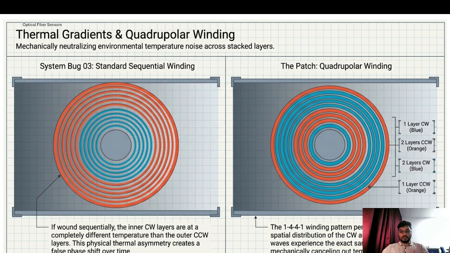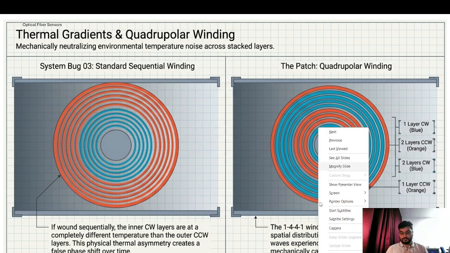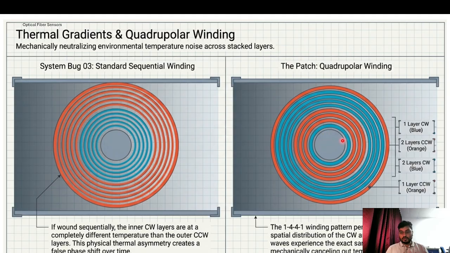The next thing is quadrupole winding, which has four layers. The first layer is clockwise, mentioned in blue. The second layer is counterclockwise, orange.